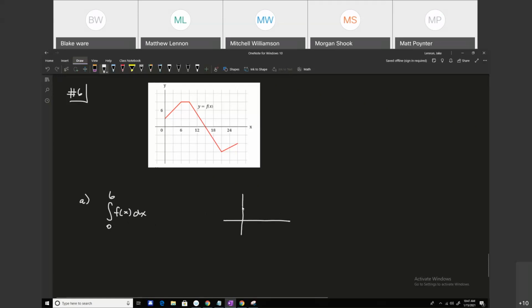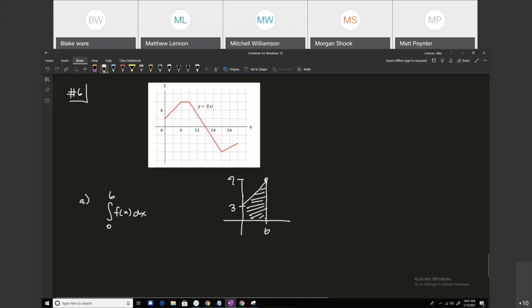We've got this line that starts at 3 and goes up, so 3, 6, 9. It goes up to 9. And it's 6 wide. So we've got this trapezoid shape that we're trying to shade in. That is our area. That's what the integral is.